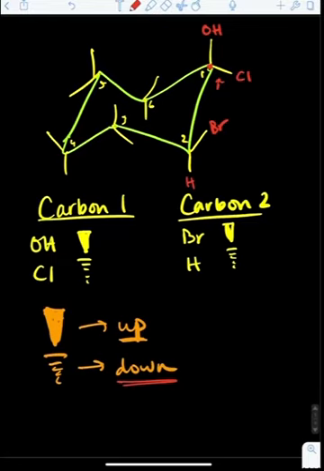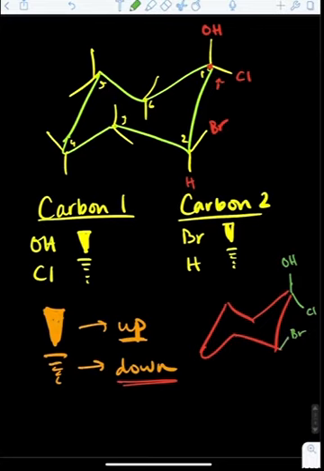Now, if we want to just simplify it, it will look like this. And then this is going down. And I'll draw on the hydrogen. So remember, we don't need to draw on the rest of these hydrogens.